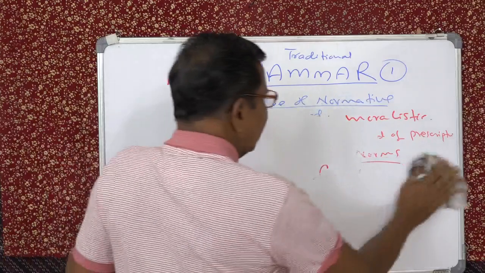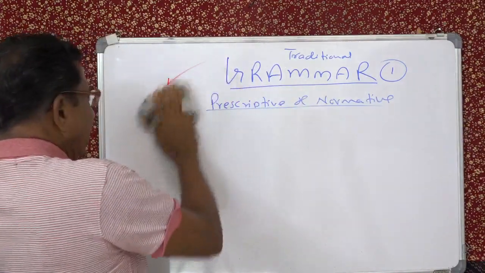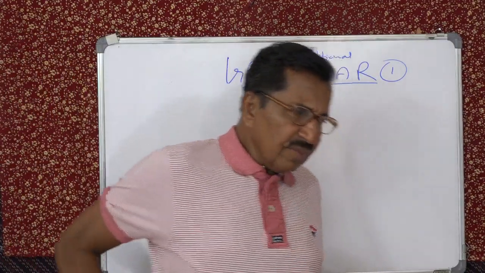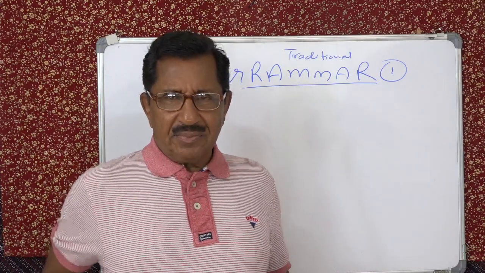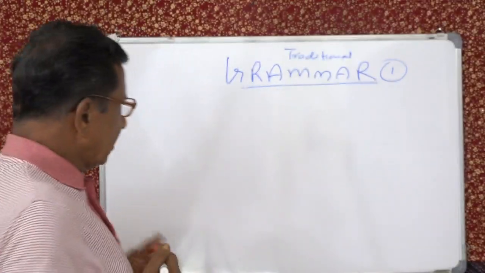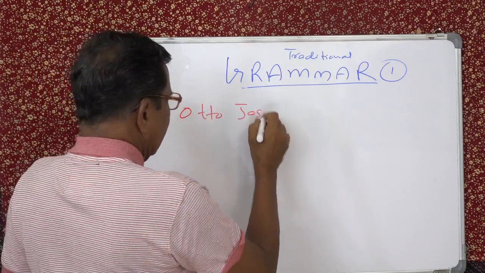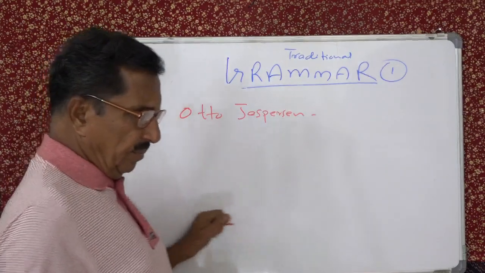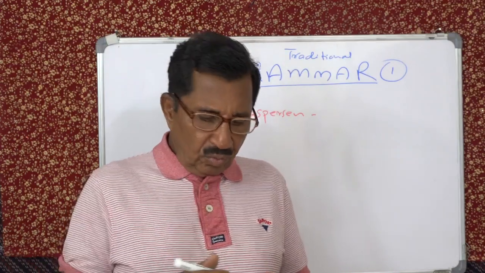It's a confused blend, according to Mark Lester, as we saw now: a complete confused blend of prescription and description. That's what he says. But Otto Jespersen, you have heard of Otto Jespersen, the Danish philologist, he says that rules are necessary.